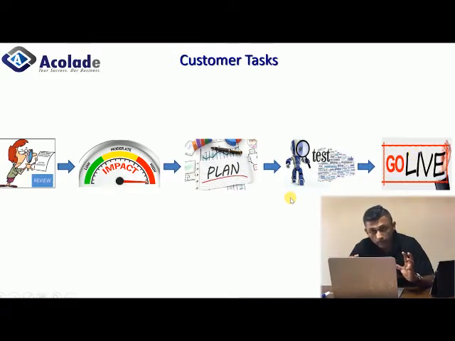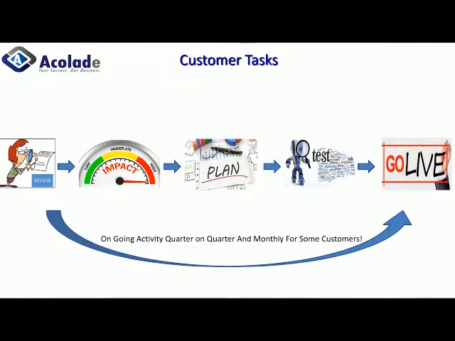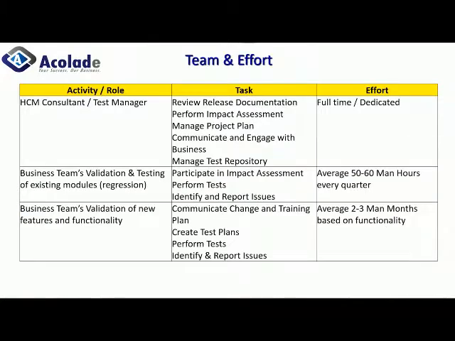Now, testing is very, very, very important to make sure that all your configuration is working as per the requirement, not just the existing one, but also the new ones that you've just adopted. And finally, going live. So going live in a very successful manner. So if you look at this from an overall perspective, it's an ongoing activity quarter on quarter, and in some instances, it's a monthly activity as well. So as you can see, there's a fair bit going on that screen. It's a very busy screen there.